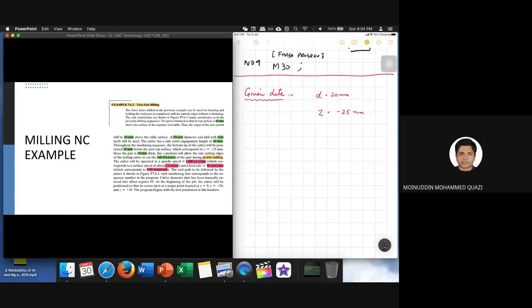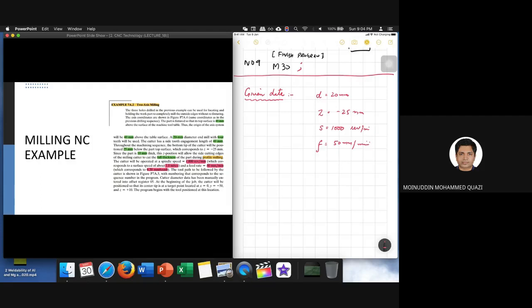The cutter will be operated at a spindle speed S equal to 1000 revolutions per minute, which corresponds to a feed of 0.02 millimeter per tooth. The feed rate is F equal to 50 millimeter per minute. The tool path to be followed by the cutter is shown in the figure.